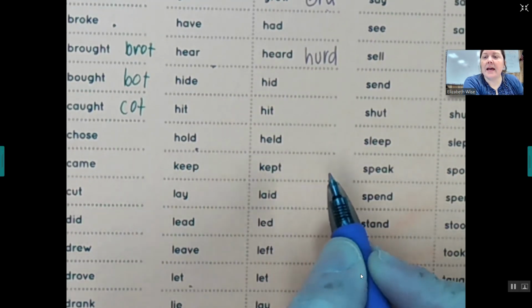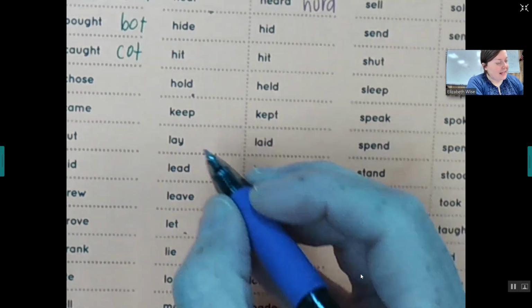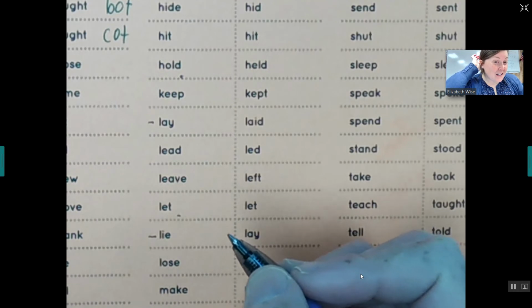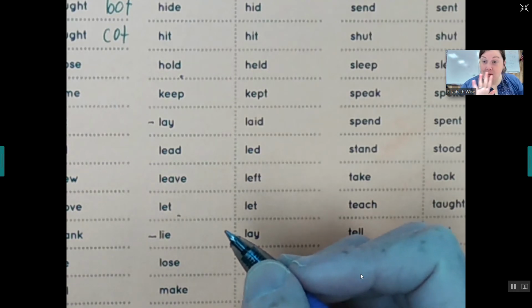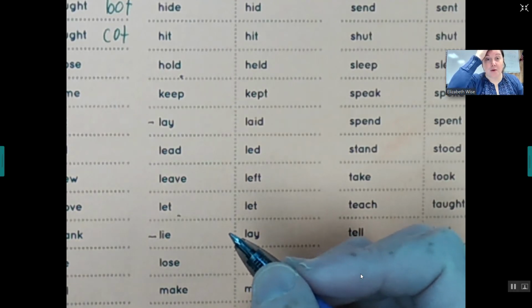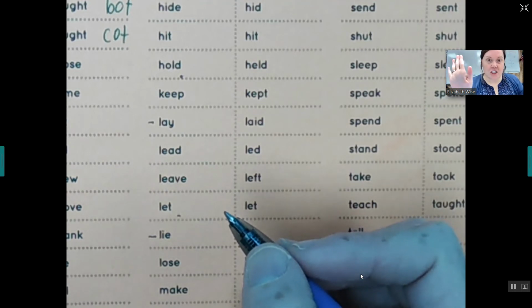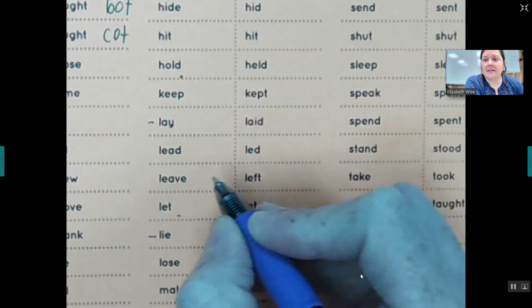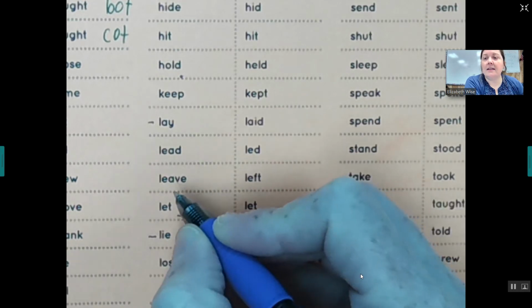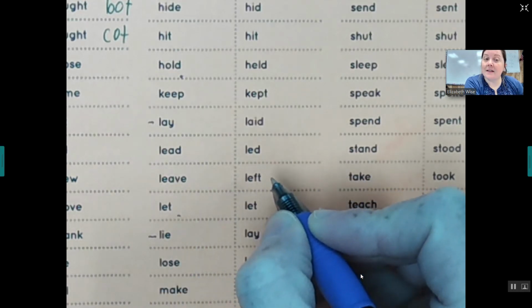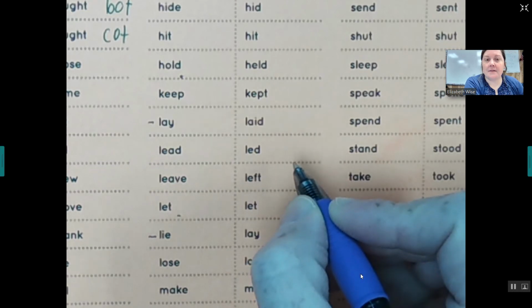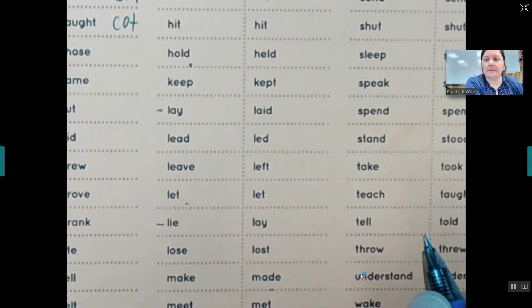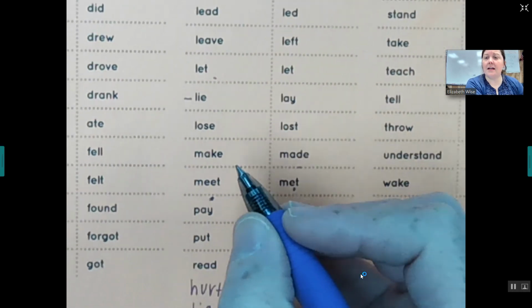Keep, kept. All right, so "lay" and "lie", I need to look up what the difference between those is, so I'm not going to do those two right now. I'll do them on Wednesday. So just forget about them for the moment. Lead, led. Leave, left. So just like your left hand. Let. Let it go, let it go.